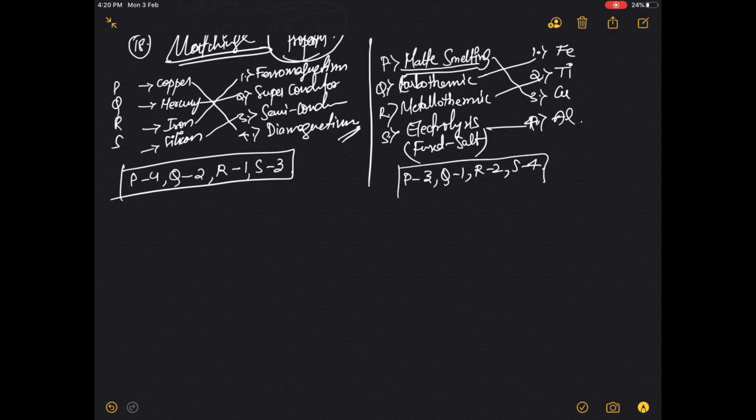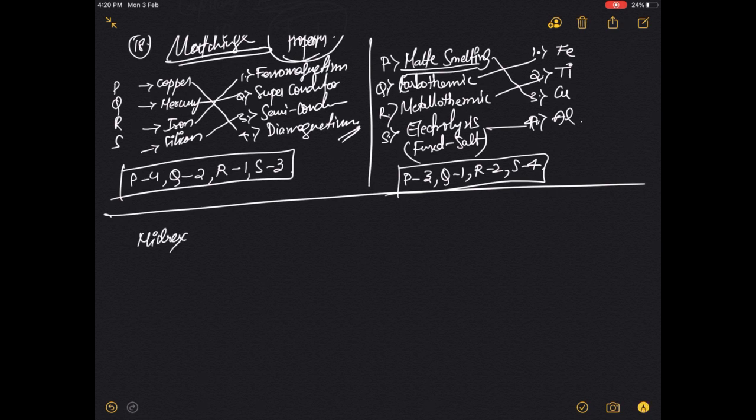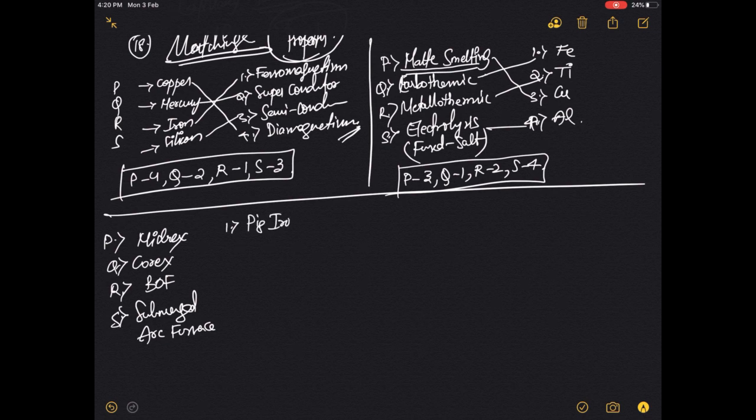Okay, and we have one more matching where again they ask the process names directly, like Midrex, Corex, basic oxygen furnace, and submerged arc furnace. And on the other side they gave pig iron, sponge iron or DRI, anything is the same.